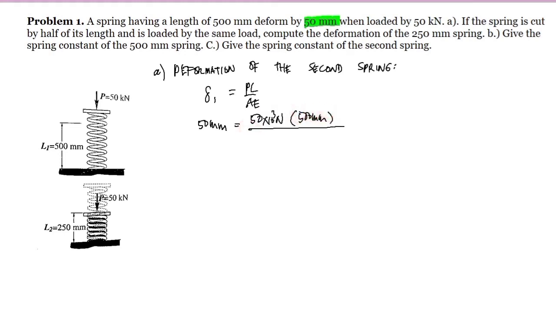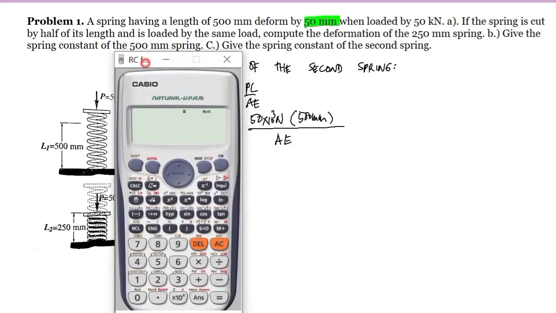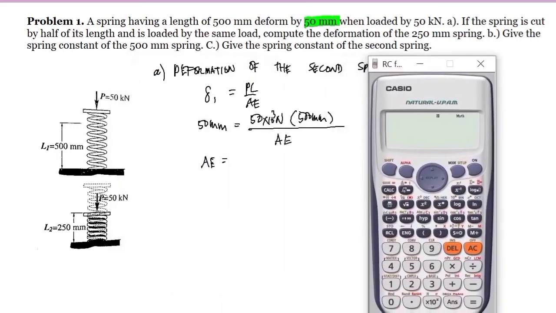over AE. Since we don't have the diameter, we retain the area, and the modulus of elasticity is not given, so this is the modulus of elasticity. So we have AE equal to (50 times 10^3 times 500) divided by 50.